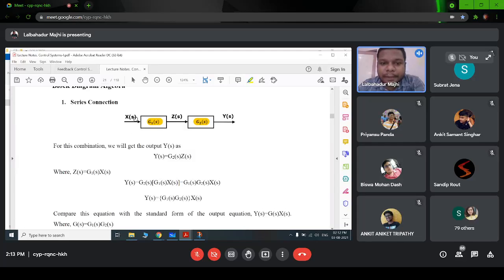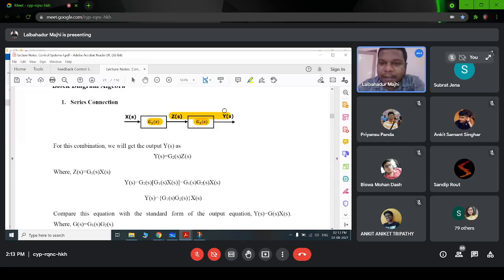If we have to find the transfer function between this Z of S and Y of S, then Y of S is the output, and Z of S is the input to this block. So we can write Y of S is equal to G2 of S into Z of S, right?